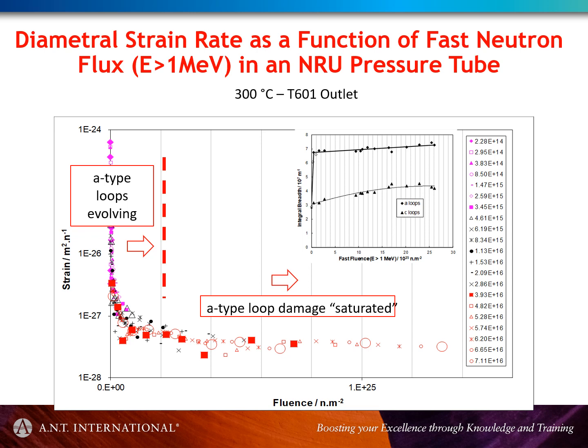This transition to this low rate corresponds with this increase in the A-type loop structure, and what's happening here in the longer period will be affected by the C component evolution, somewhat similar to what I was showing you with the French fuel cladding.